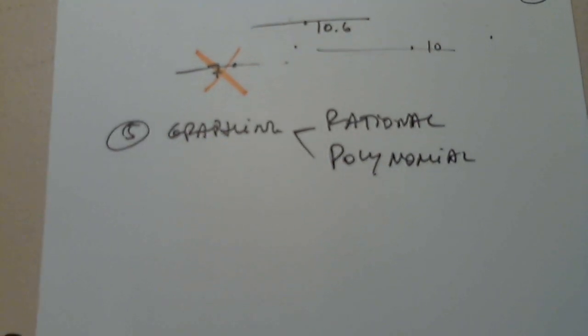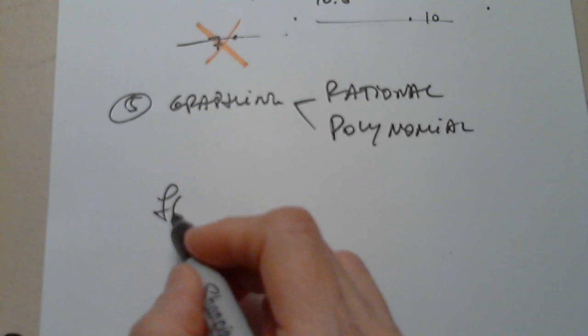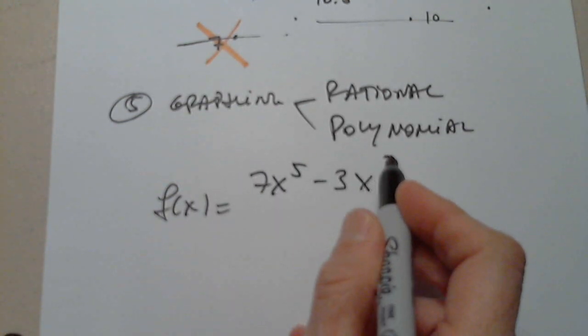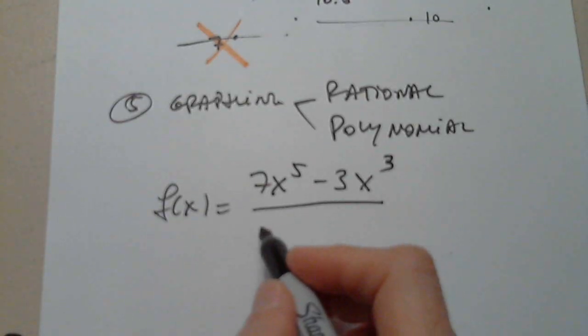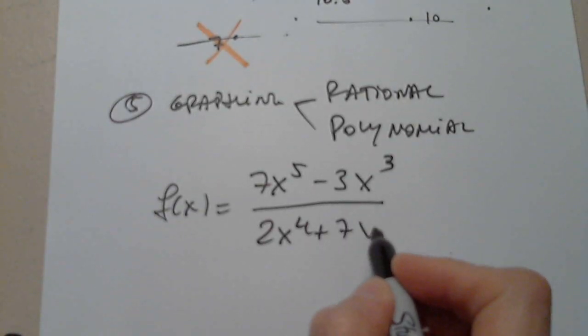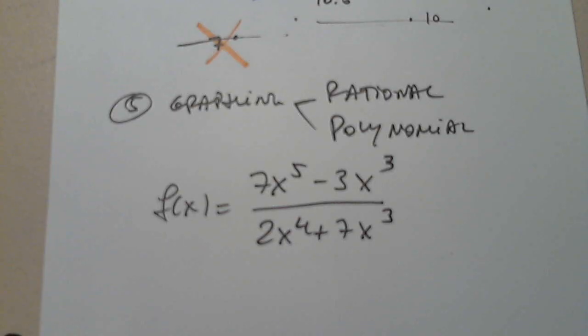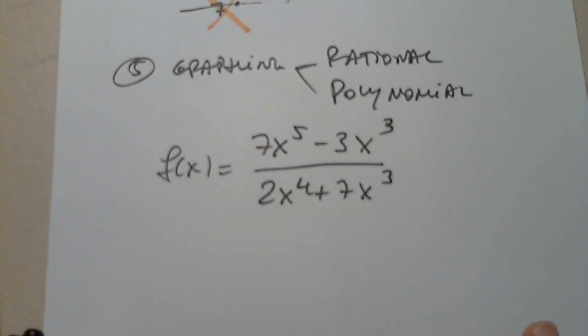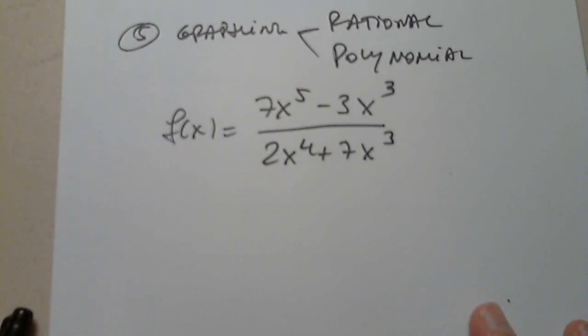Like, for example, let's say we have f of x equals 7x to the 5th minus 3x to the 3rd divided by 2x to the 4th plus 7x to the 3rd. This question is only asking us if this function has a horizontal asymptote or not. So let me refresh your memory.